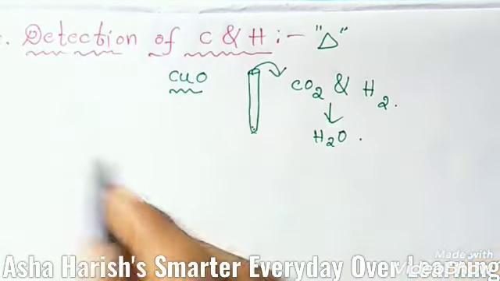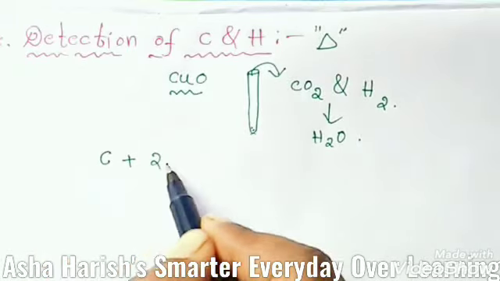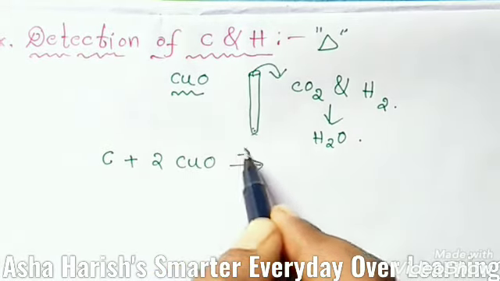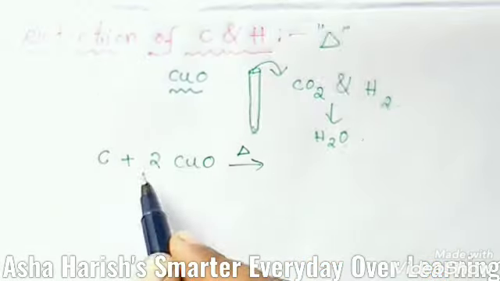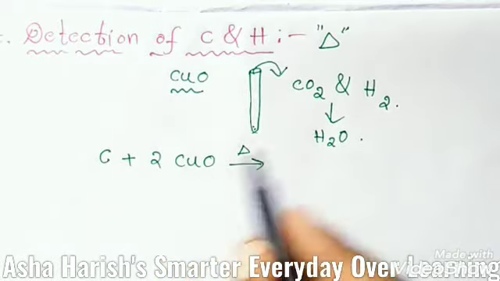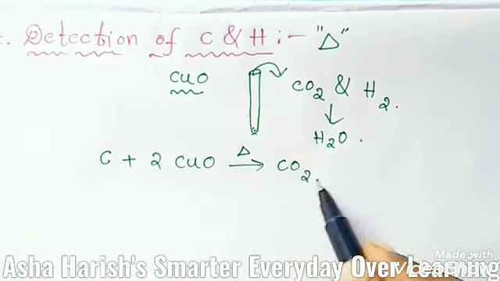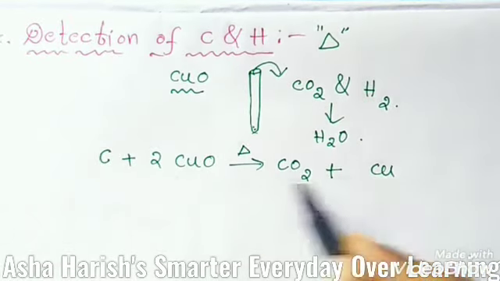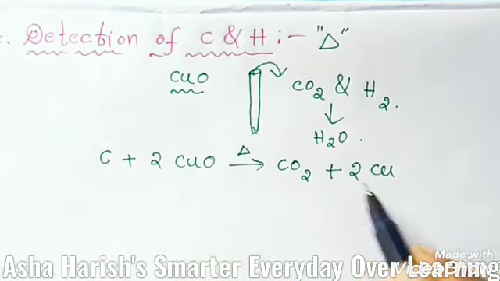If you see the equation here, if you add cupric oxide to carbon and heat this mixture, what will be formed as products? CO2 and copper, if you balance this equation.